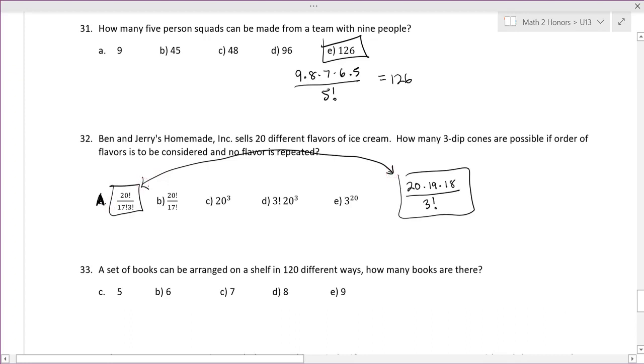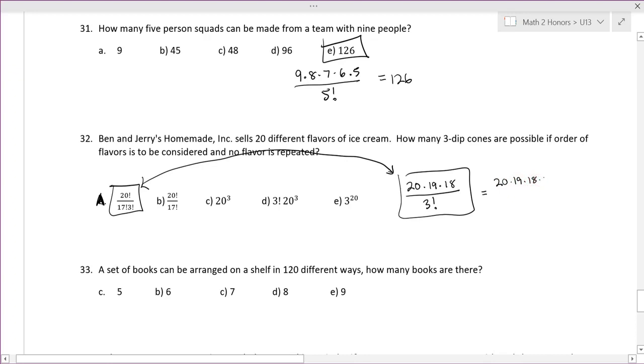Two ways to tell. One, you can plug each one into a calculator and find out they're the same value. The other way is to see that this is 20 times 19 times 18.